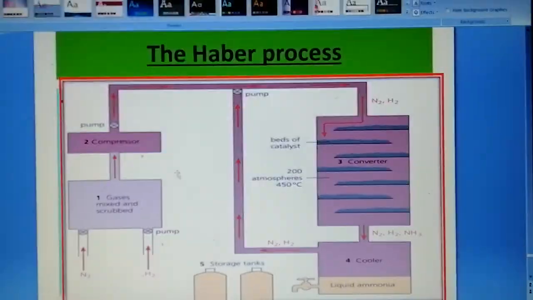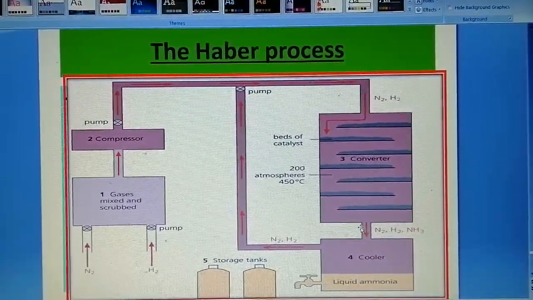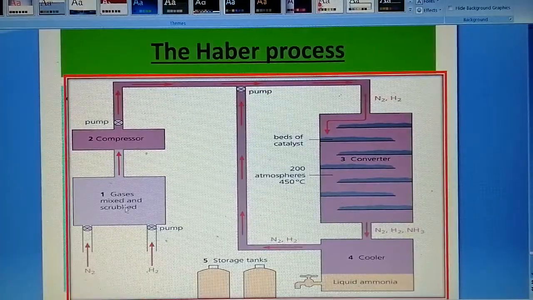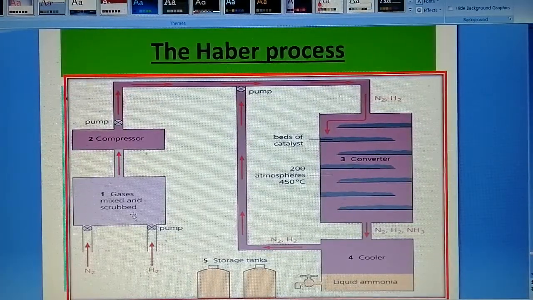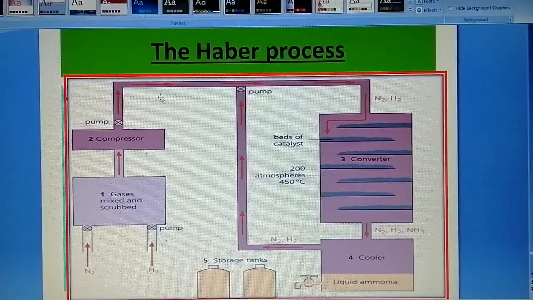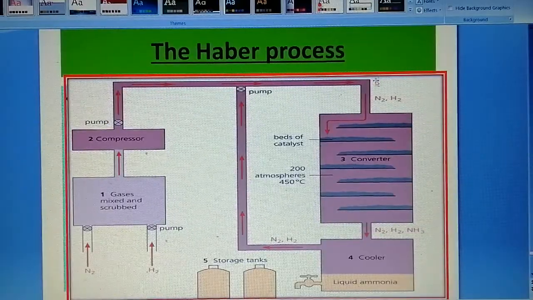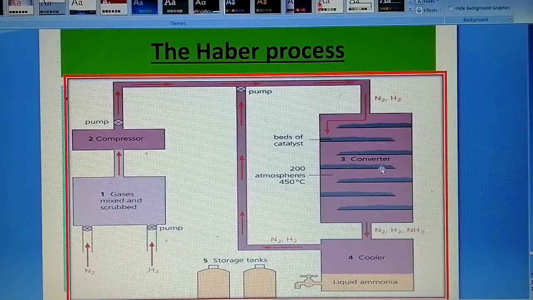You can see here in the flow chart, this is a flow chart for the preparation of ammonia. See here, the gases are mixed and scrubbed, that means the impurities are removed, and it is passed through a pump, where it is compressed, then passed through a converter. Here the temperature and pressure are applied, and there are beds of catalyst.